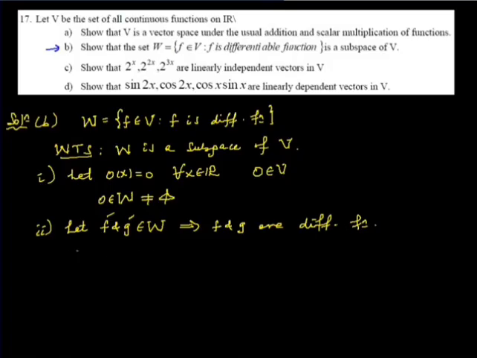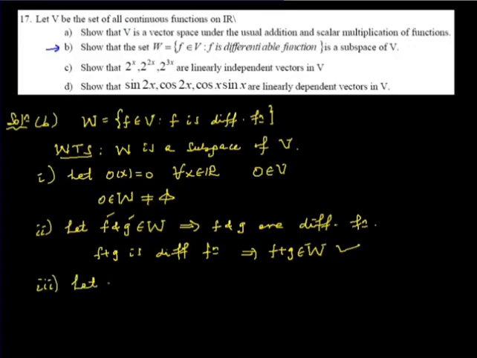So since f and g are differentiable, f plus g is also differentiable, okay, by the property of differentiation. f plus g is a differentiable function. Okay so f plus g, this implies f plus g is also an element of W ማለት ነው. So closure property አለ ማለት ነው.